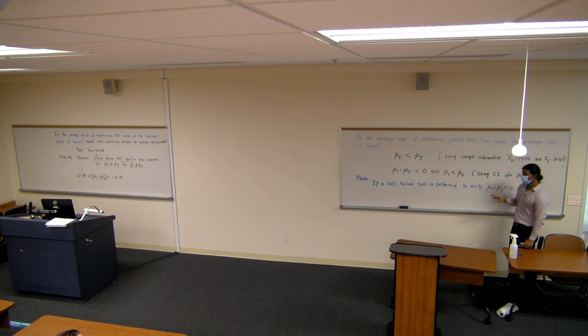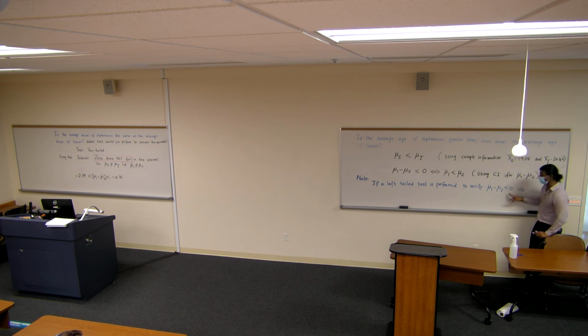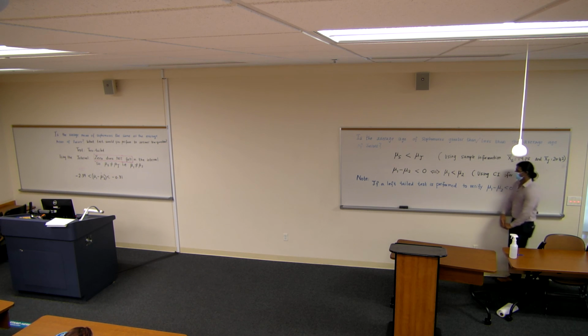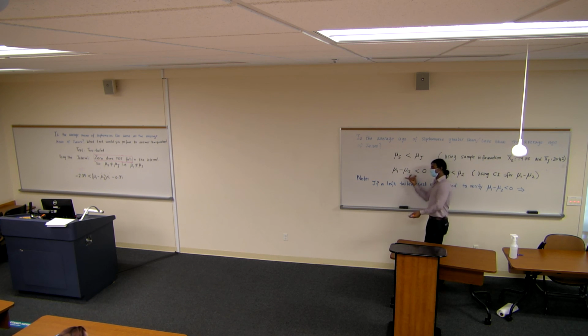If we perform a left tail test to verify mu1 minus mu2 is less than 0, what would the conclusion be? Would you reject the null or would you not reject the null? Let's start with this.